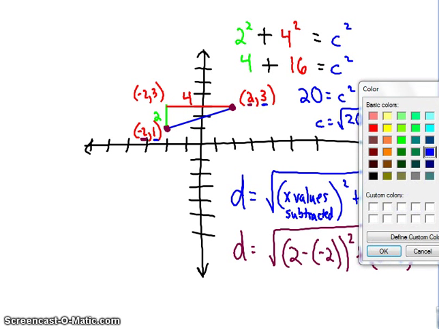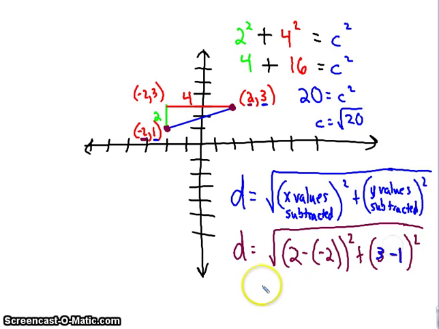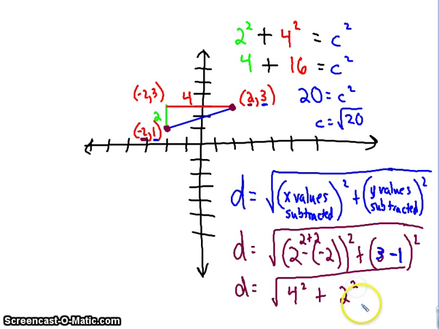Okay. All right, now let's look at this. Look what happens. 2 minus a -2 is 2 plus 2. Well, that's 4 squared. We have 3 minus 1, which is 2. That's 2 squared. Wait a second, where did I see the 4 and the 2 before? Oh, they're right there. 4 and 2.